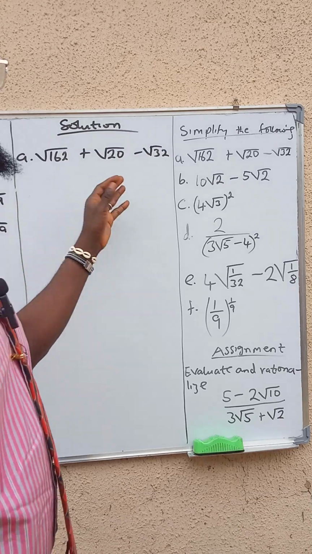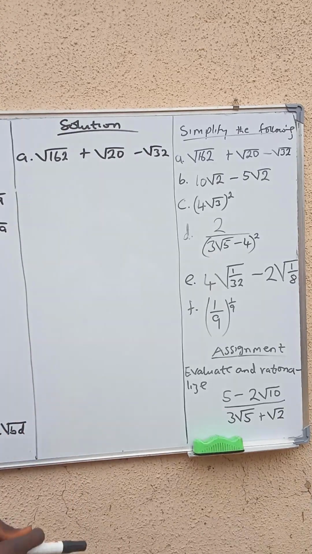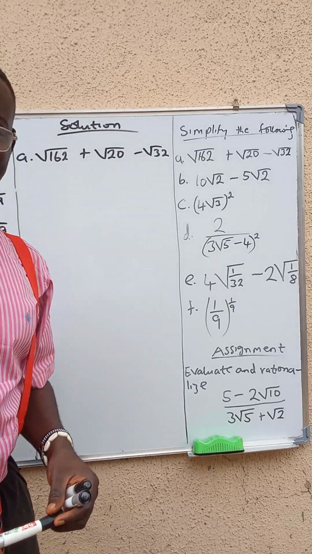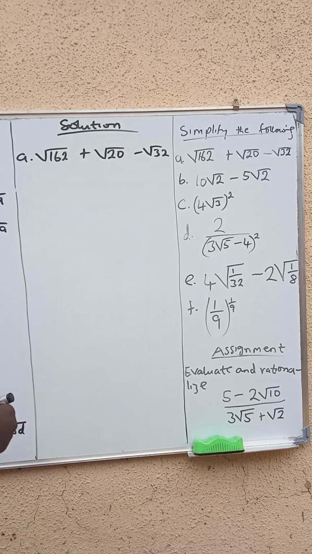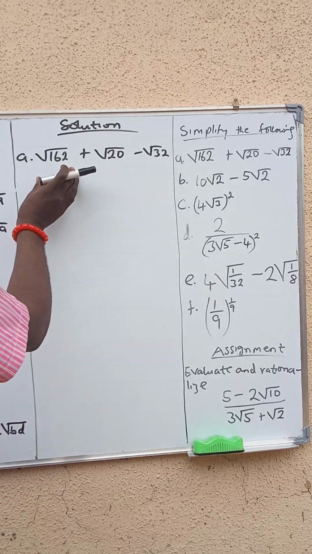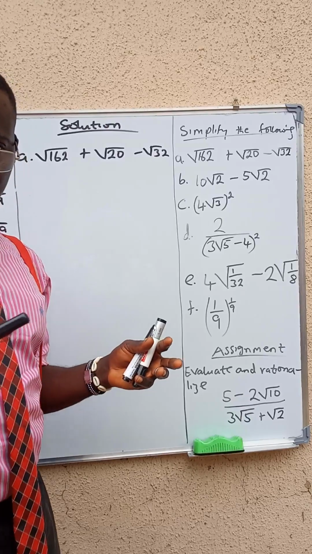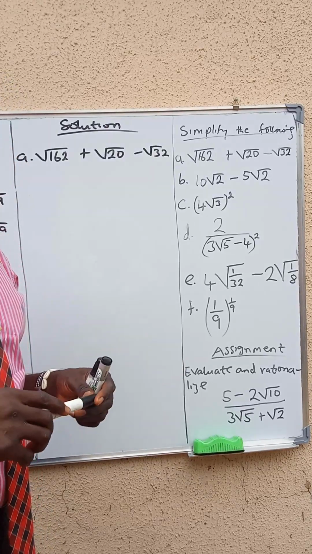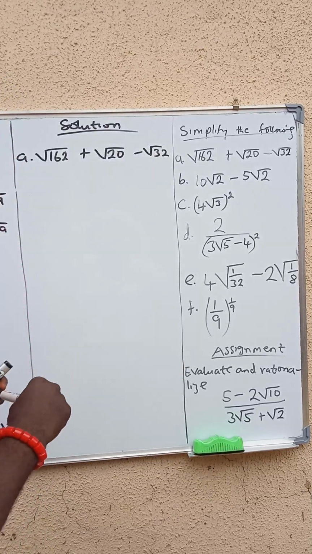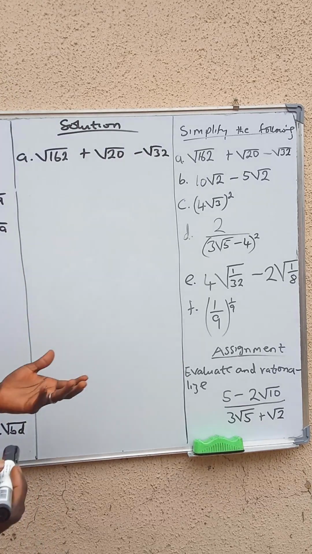Or I can leave this one for you. Okay, so 162, what do we multiply to give us 162? This is an interactive class.